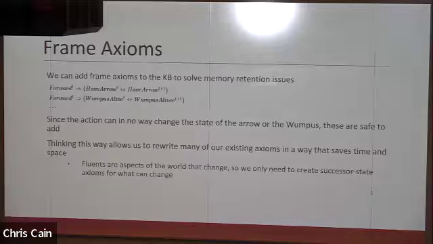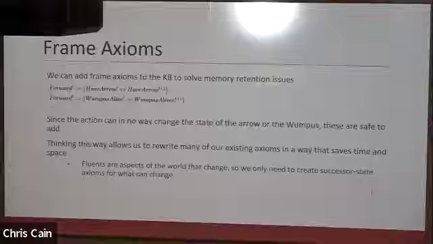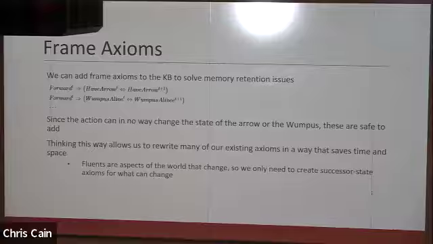What we call fluents are just parts of the world that are capable of changing over time. This is called successor state axioms, determining what can change in the world. If things can change, then maybe it's worth thinking about it in terms of frame axioms. That frequently is better than trying to bake it into the state, because then we would have to have different propositional logic statements for the wumpus being alive when we move forward, we're still here, and the wumpus being dead when we move forward here.